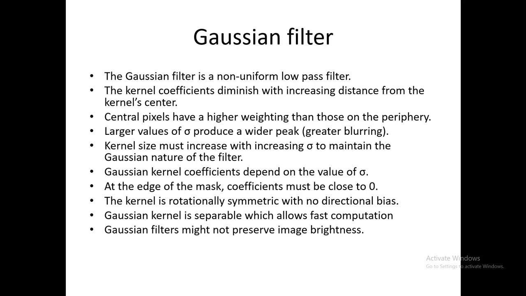And the Gaussian filter is a non-uniform low-pass filter. The kernel coefficients diminish with increasing distance from the kernel center, as we have seen, and the center pixel has a higher weighting than those on the periphery, and a larger value of sigma produces a wider peak, and that will ultimately create a greater blurring effect.